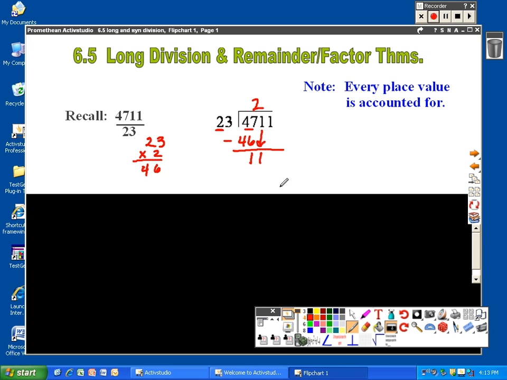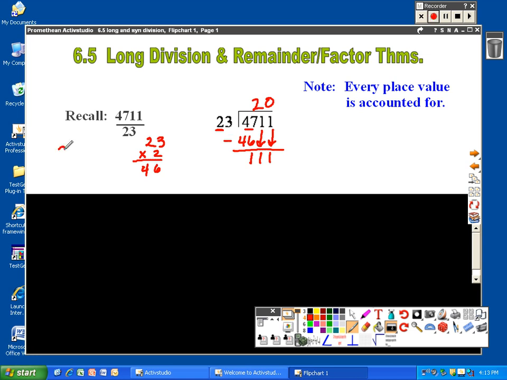And then you would say, go back to the 2, and 20 goes into 11 how many times? And you would say 0. So then you would bring down the other 1. And you would say 20 goes into 111 how many times? You still always went back to this first digit.